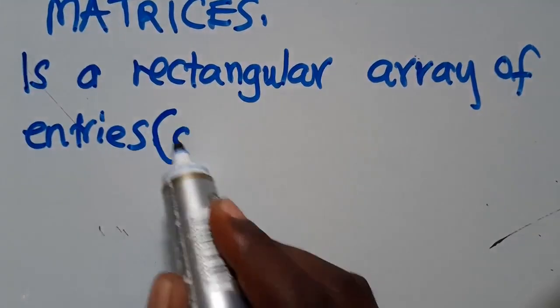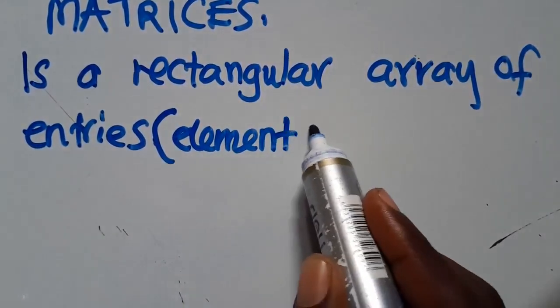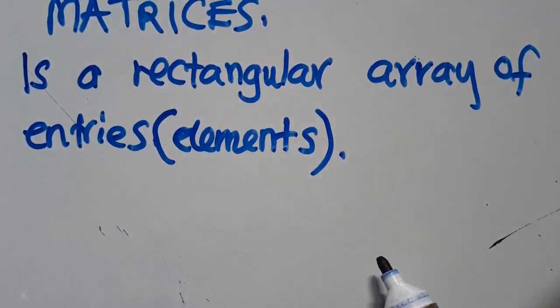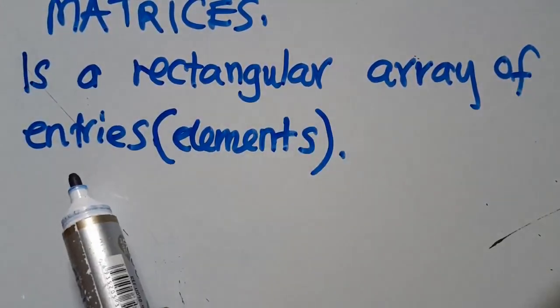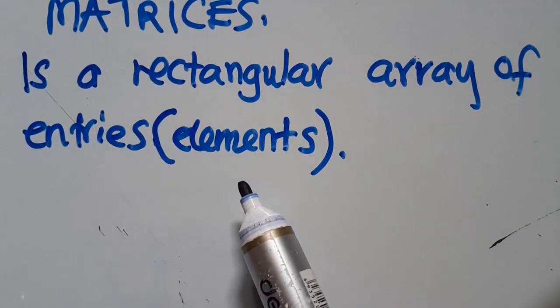If someone asks you what is a matrix, you are going to tell the person that a matrix is a rectangular array of entries. These entries are called elements.